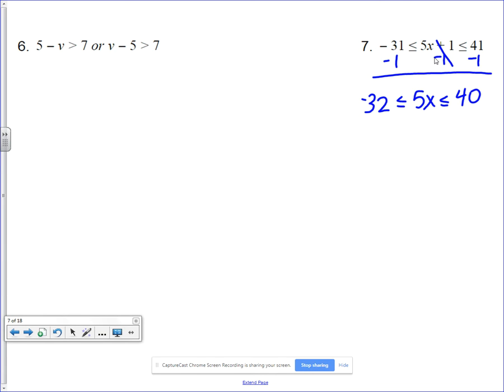How's everybody doing there? There's still a 5 in there with the x though, right? How do you get rid of that 5? You divide it. So what is -32 divided by 5? And 40 divided by 5 is 8.